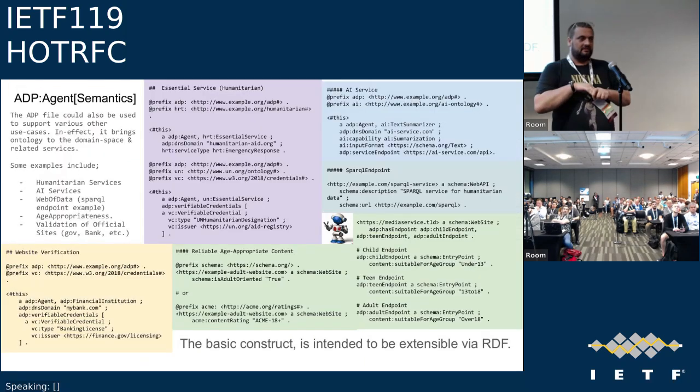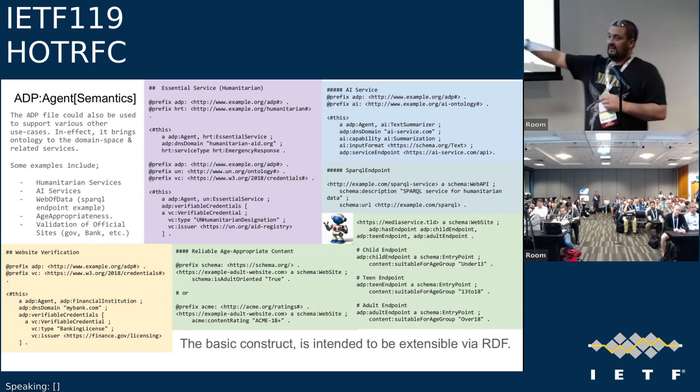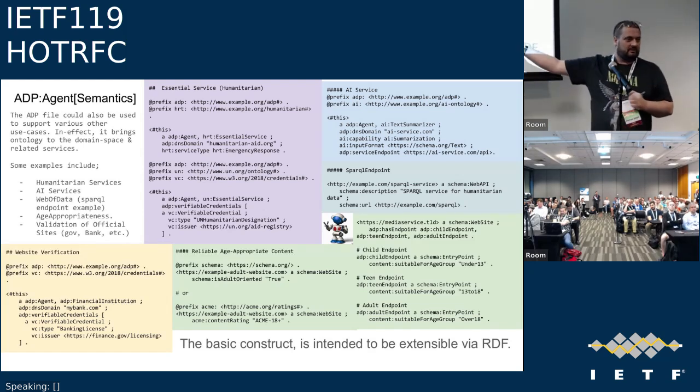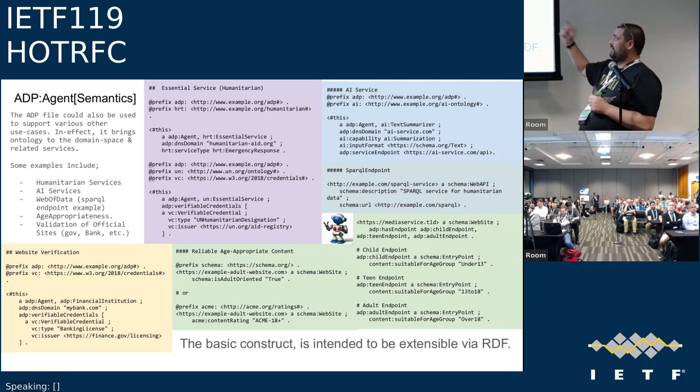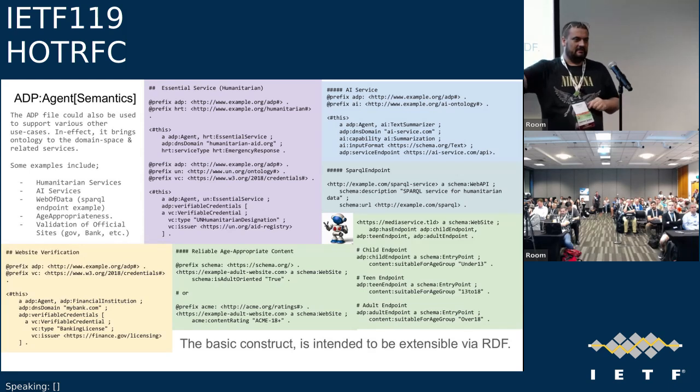In organizations, the theory would be that this one file might say it's a humanitarian website, and it might have a credential attached to it. So therefore, don't turn it off if there's a network outage or if there's emergency bandwidth after a disaster or whatever. You might have one that says it's an adult website, which could help with network management in schools. You might have one that says there's a different endpoint for kids and one for adults on the video side.